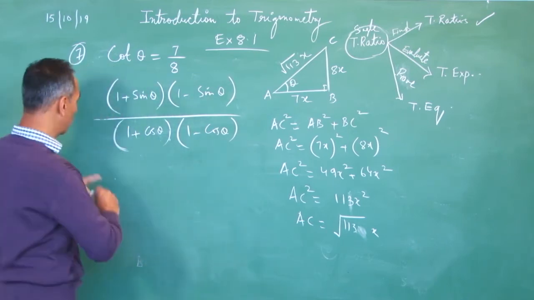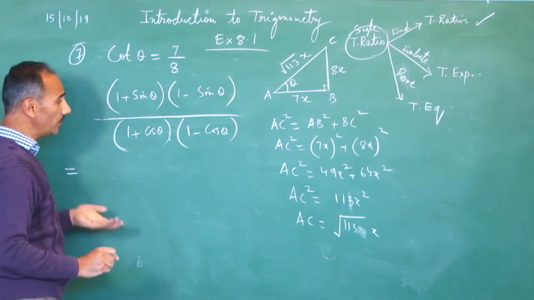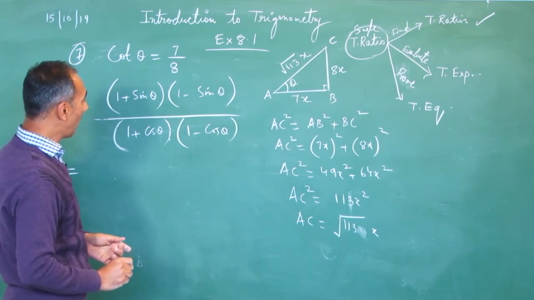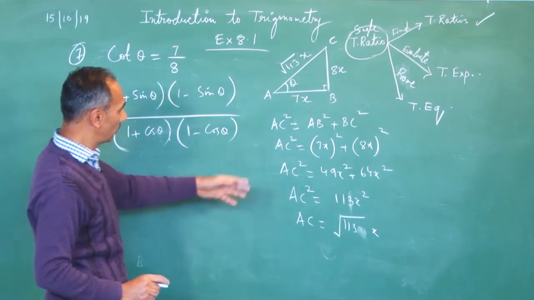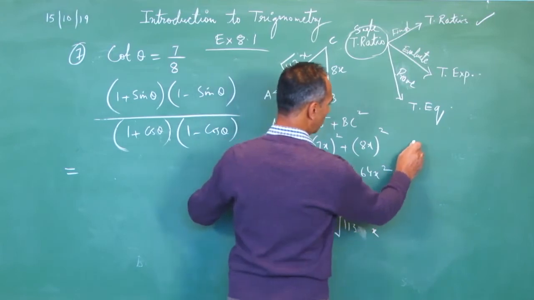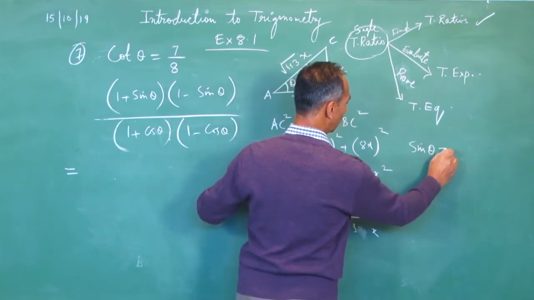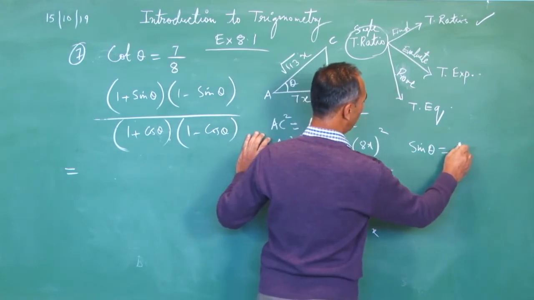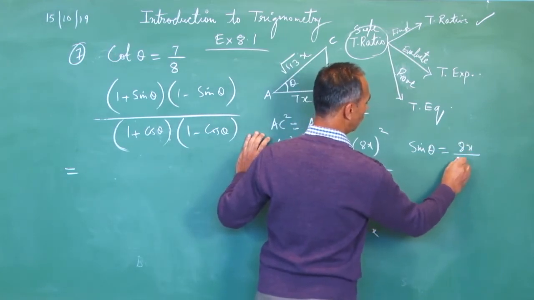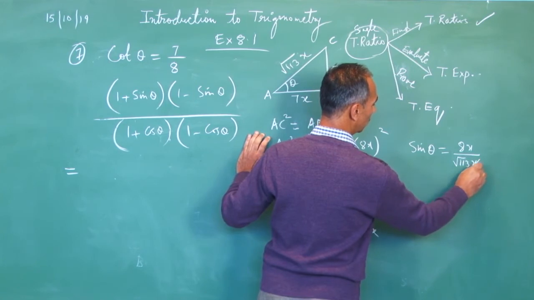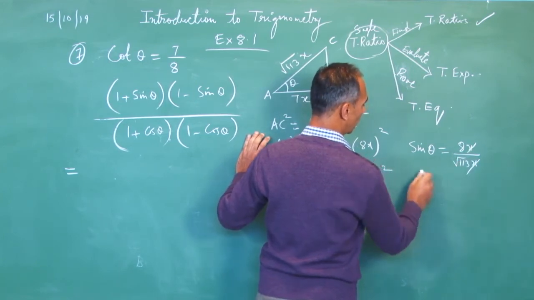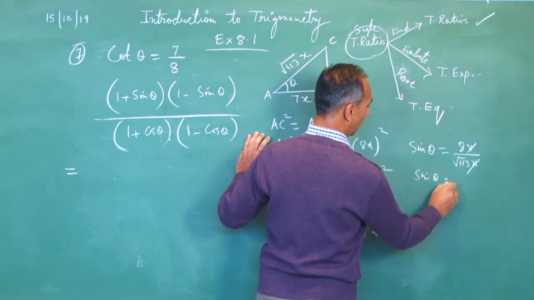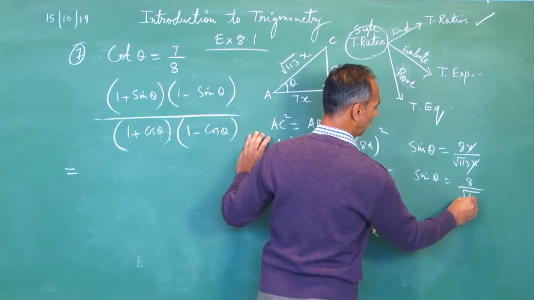Now, to make things simpler, let's first calculate the sine theta value. Sine is perpendicular by hypotenuse, so it will be 8x by root 113x, and x is gone. So sine of theta is 8 by root 113.